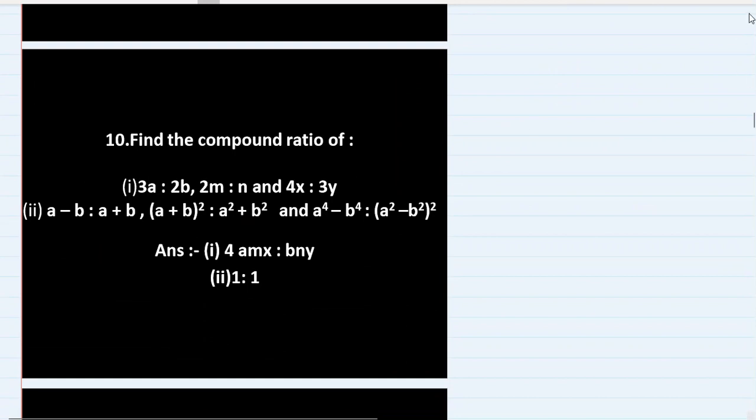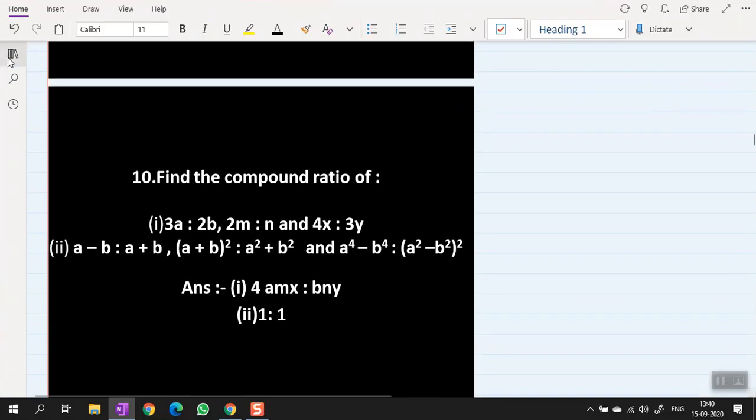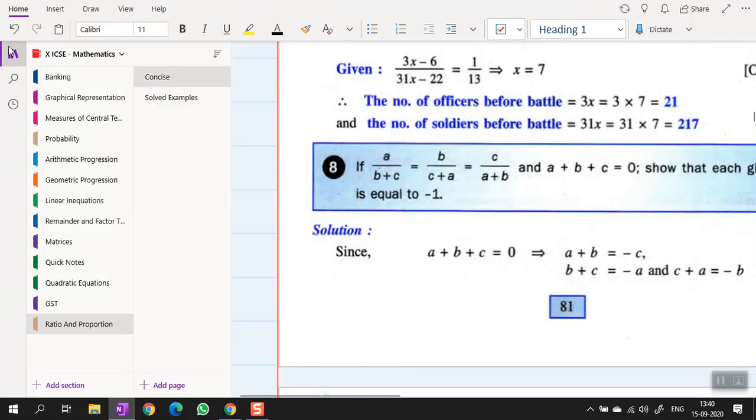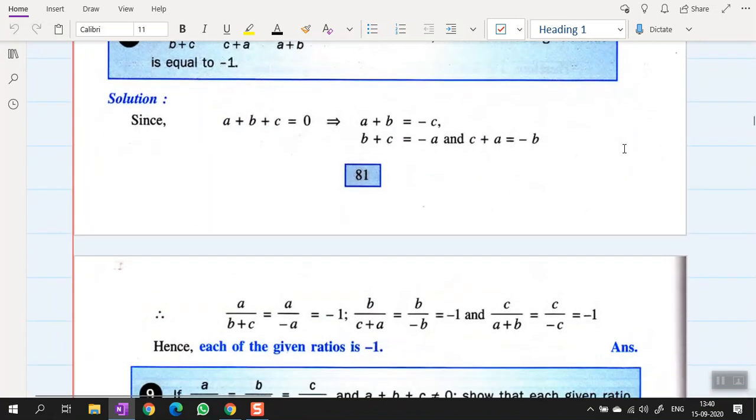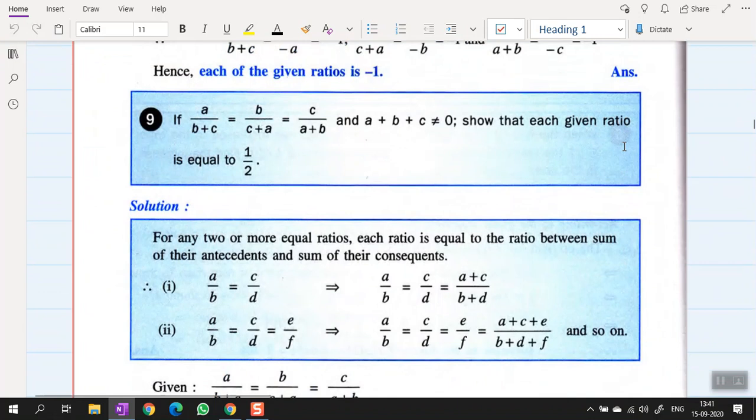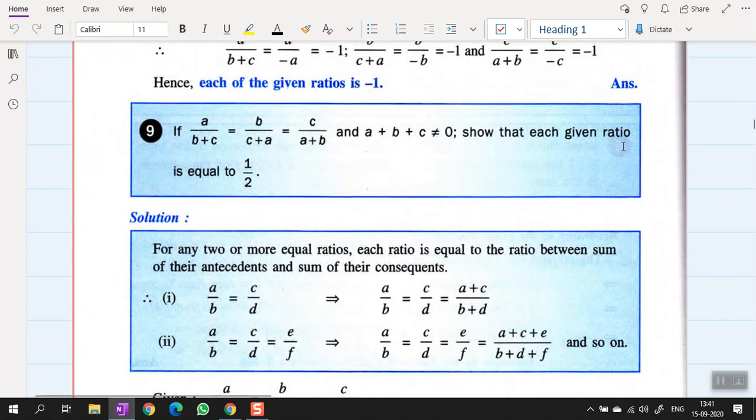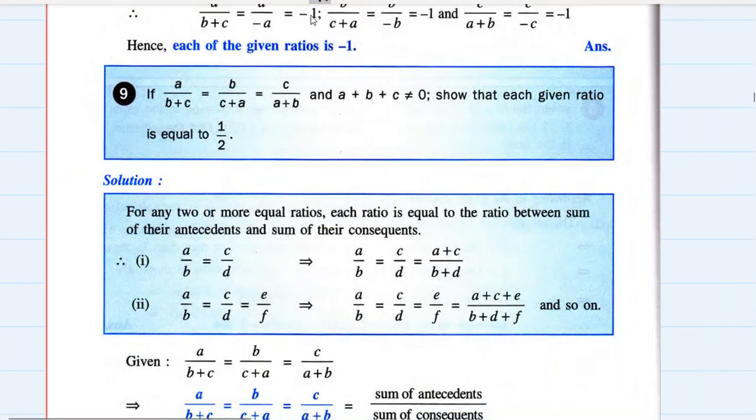Now there is one more new small topic in the topic of ratio which we have to do. So let me show you over here. See, this is the previous question which we did. So this is the property. I recommend that you note down this property which I just told you orally.